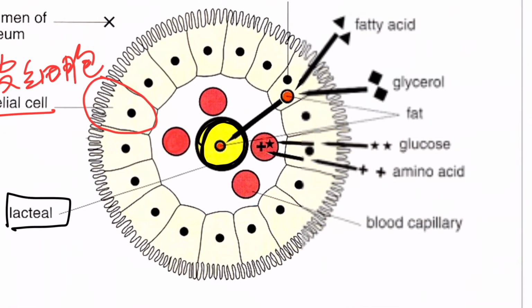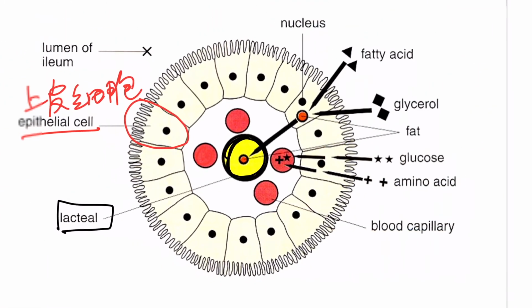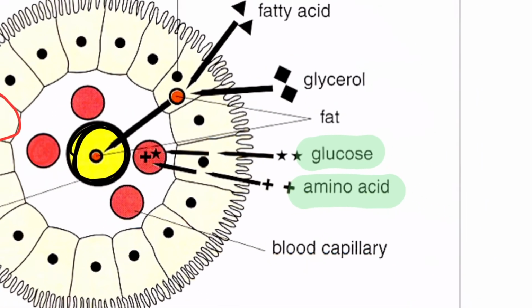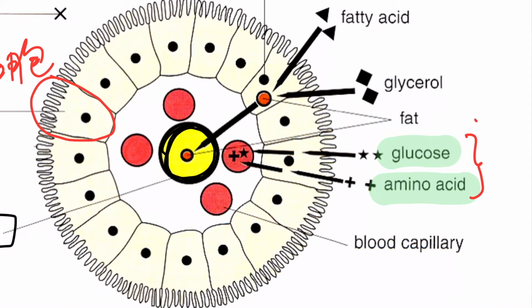Now we have to understand how food is absorbed into the villus. Firstly, glucose or monosaccharides and amino acids are water soluble.